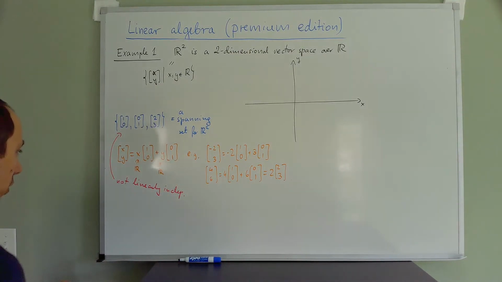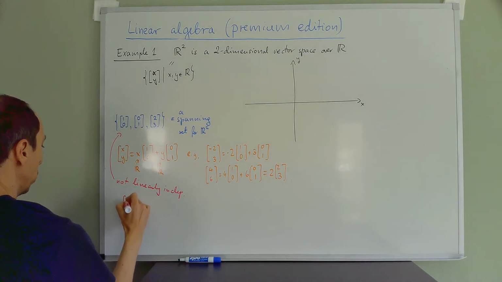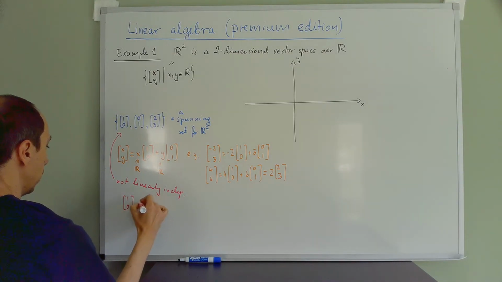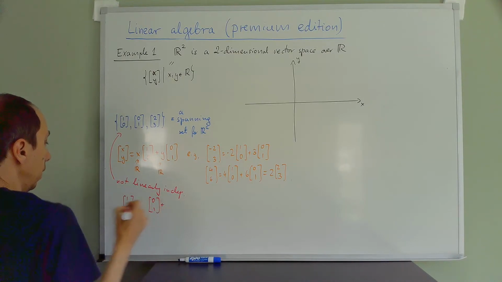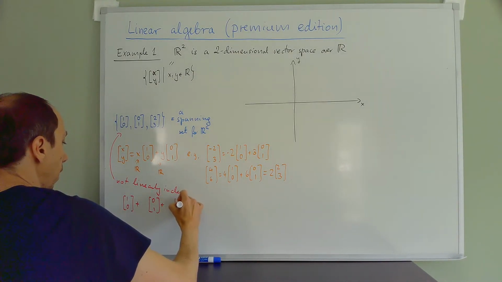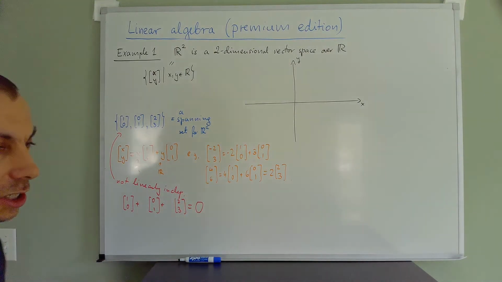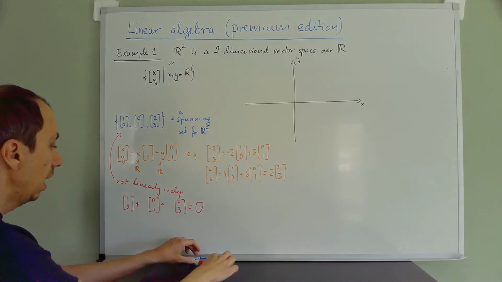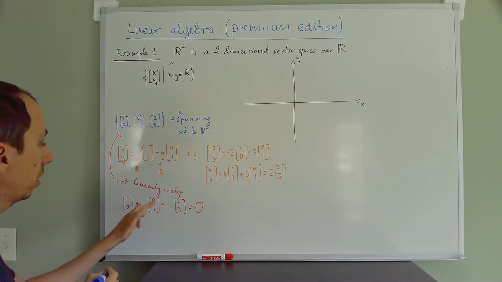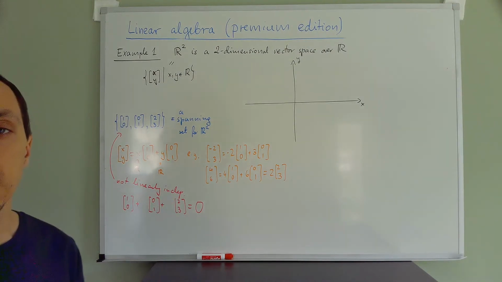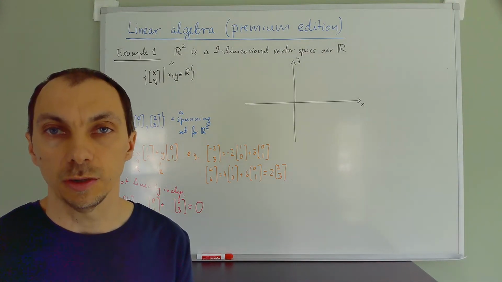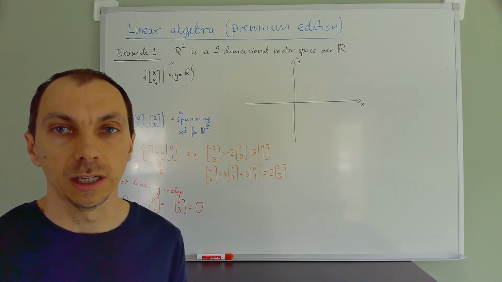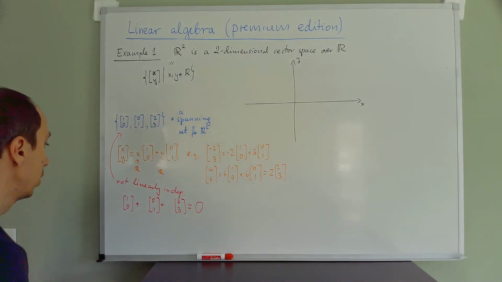Why? Because I can write a linear combination of these vectors. If you're trying to show that something is linearly dependent, so not linearly independent, you want to take these vectors and just stick in some scalars here where not all of them would be 0, and try to get 0.